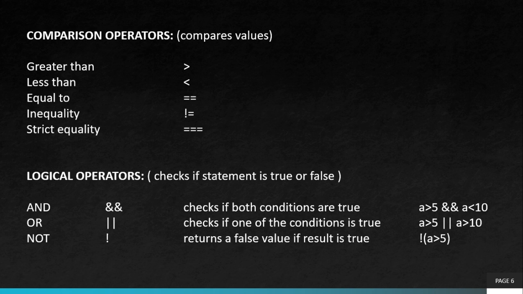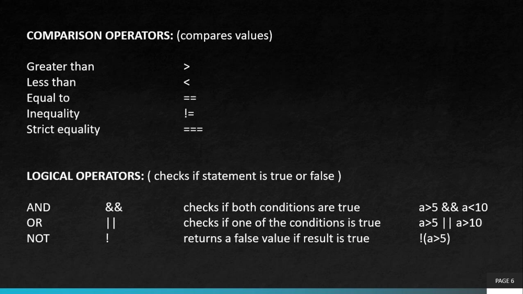The or checks if one of the conditions is true, and the not returns a false value if the result is true. So what and is doing here is saying if a is greater than 5 and a is less than 10, this is the condition for the statement to be true.